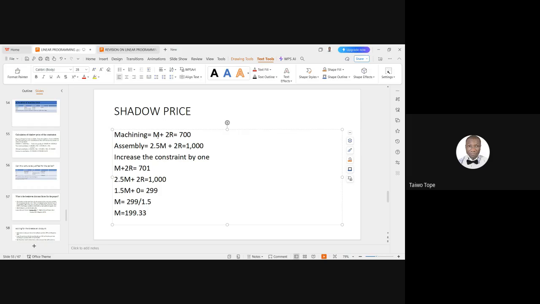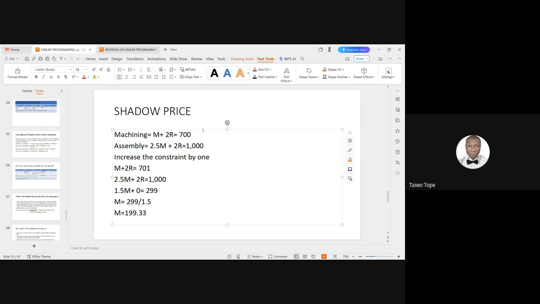So when you substitute the value of M into any of the equation above, what are we going to get? The value of R will be what? Substitute the value of M into equation 1.